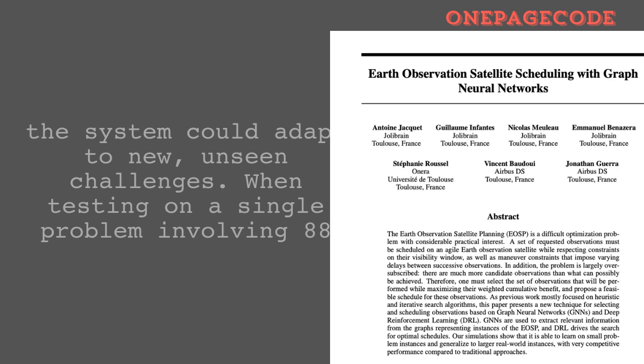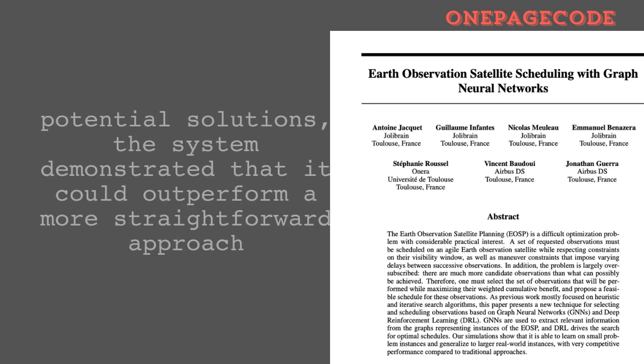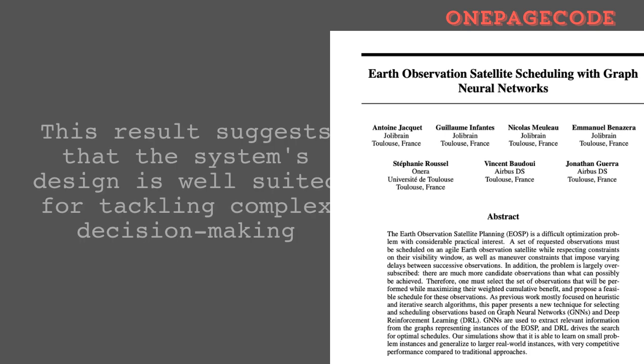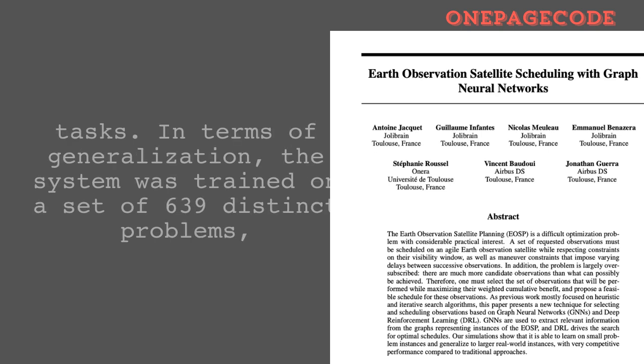When testing on a single problem involving 88 potential solutions, the system demonstrated that it could outperform a more straightforward approach called the greedy algorithm, achieving a particularly high score known as ramp. This result suggests that the system's design is well suited for tackling complex decision-making tasks.